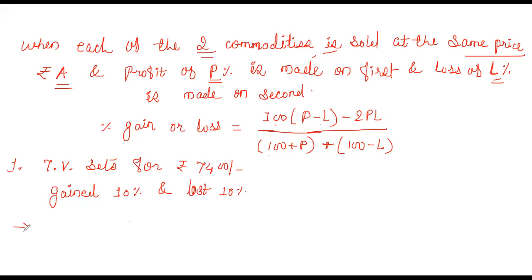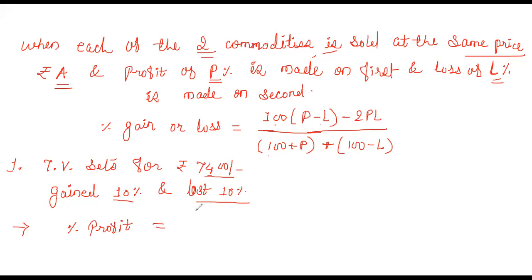Okay, so look at this. Two TV sets sold for rupees 7,400 each. On one, he got 10% profit, and on the second, he lost 10%. First calculate the percentage of profit or loss.